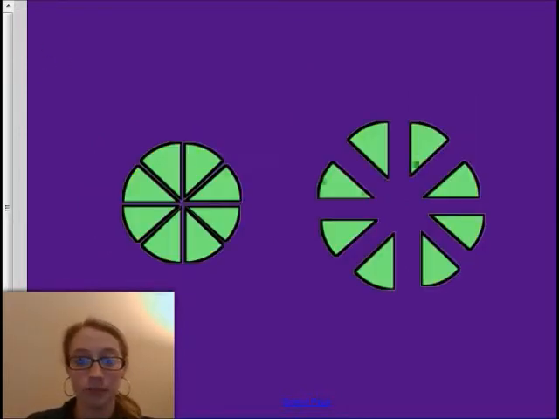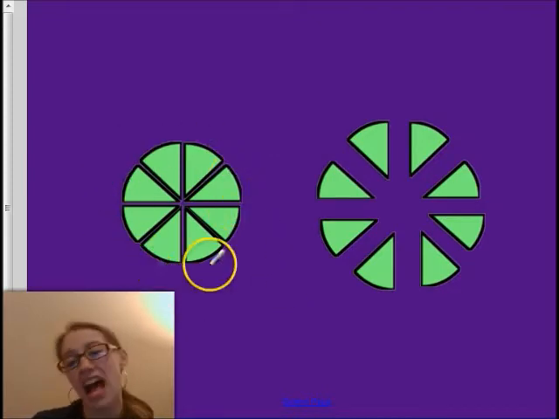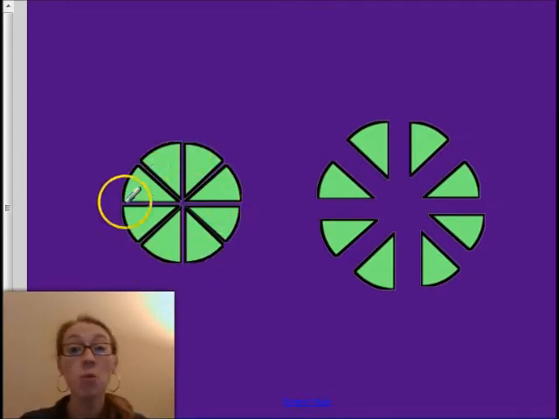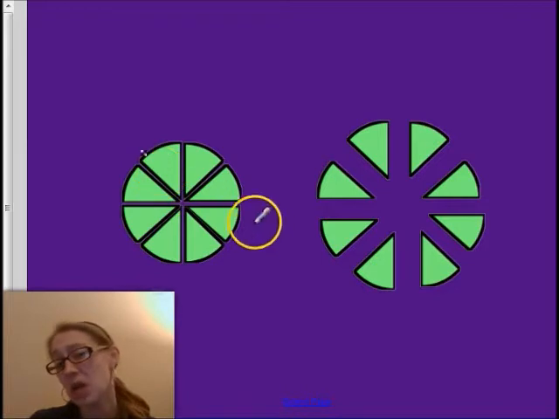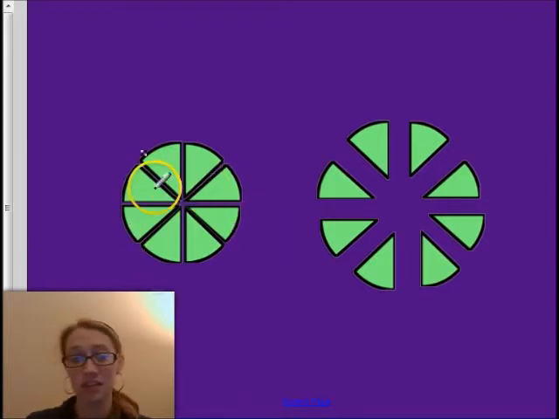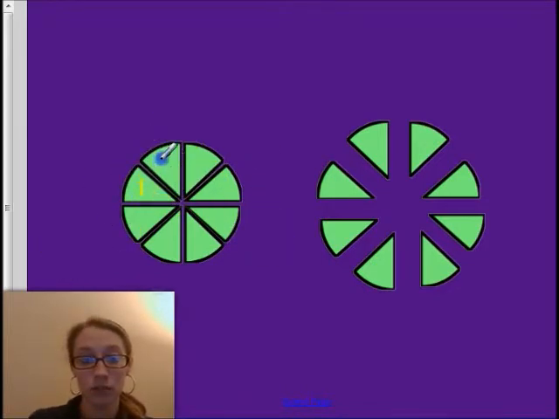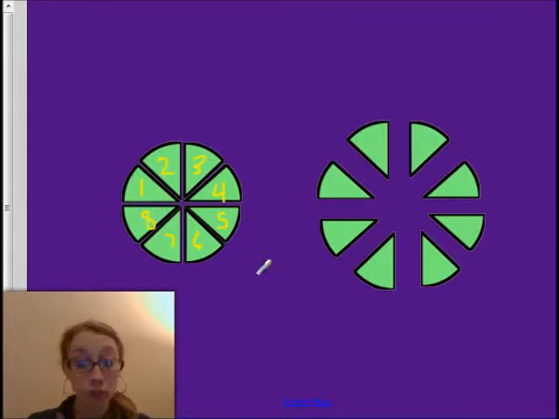So let's check out this one. Here we have some moldy cheese, let's say. But it's been cut up into more pieces. In fact, there is 1, 2, 3, 4, 5, 6, 7, 8 pieces. So the unit fraction is one of those pieces.